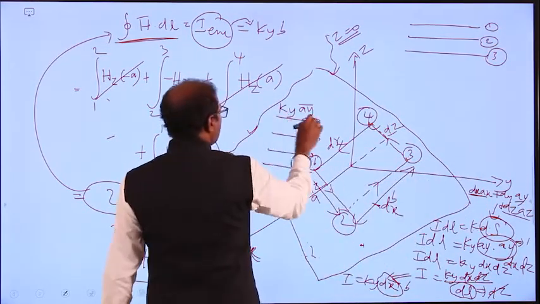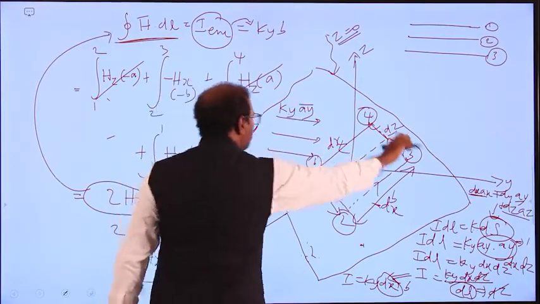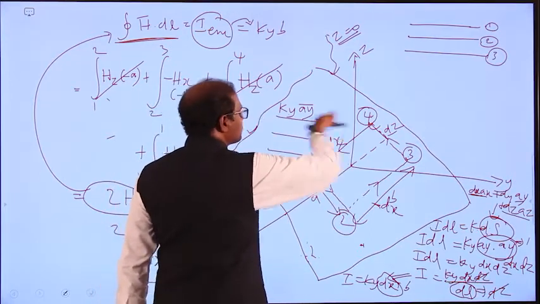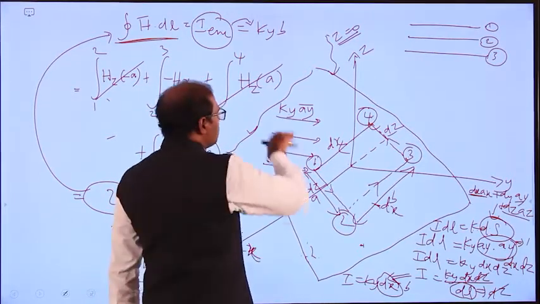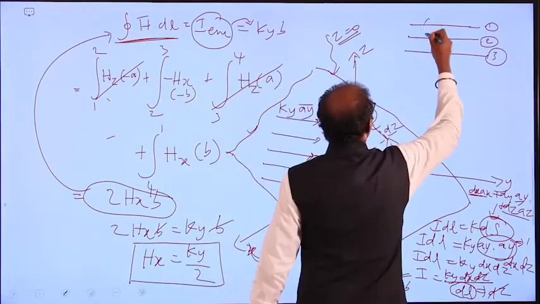This is not a single current element, because it is filled with currents. All the current moves along this path, so many current elements are moving here, and all of them have magnetic intensities.